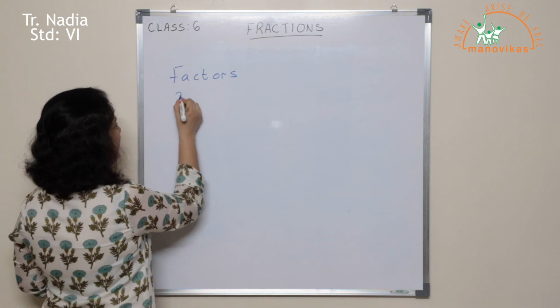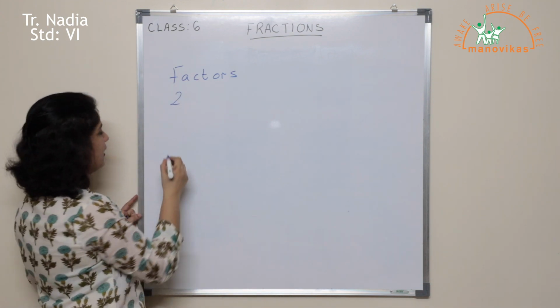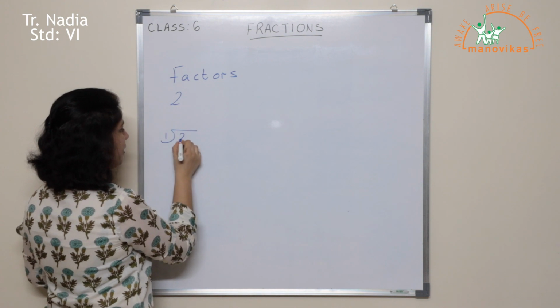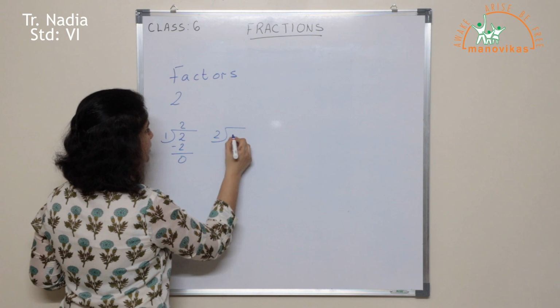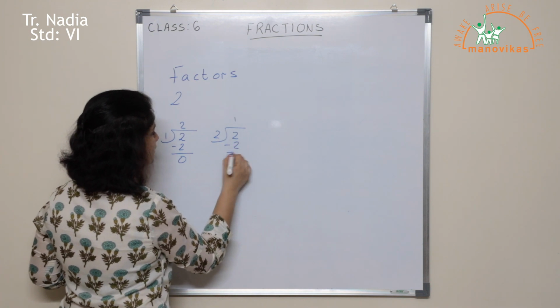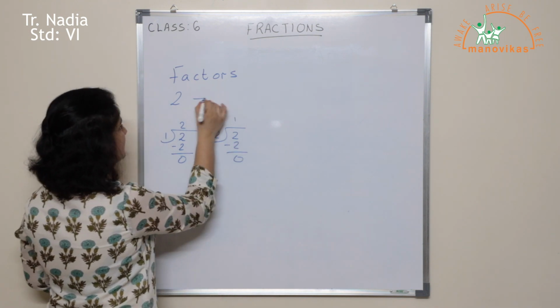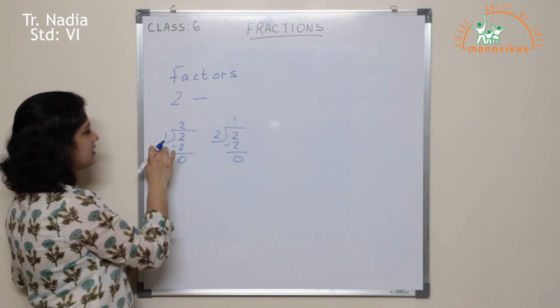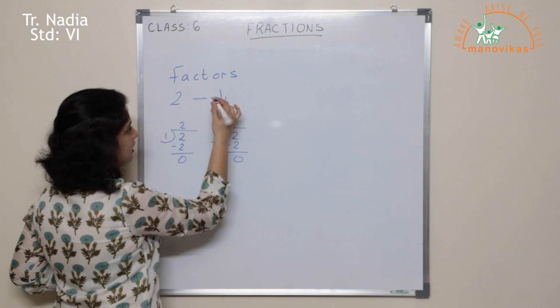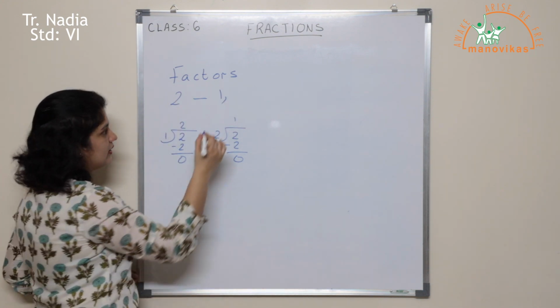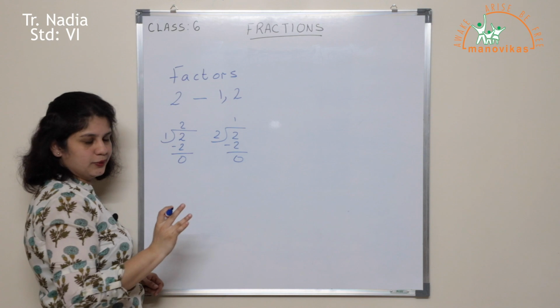For example, I say write all the factors of 2. Now 2 can be divided either by 1, 1 2s are 2, or it can be divided by 2 itself, 2 1s are 2. So if I want to make a list of factors of 2, you can see there are only 2 factors, 1 and 2. Either it can be divided completely by 1 or it can be divided completely by 2.